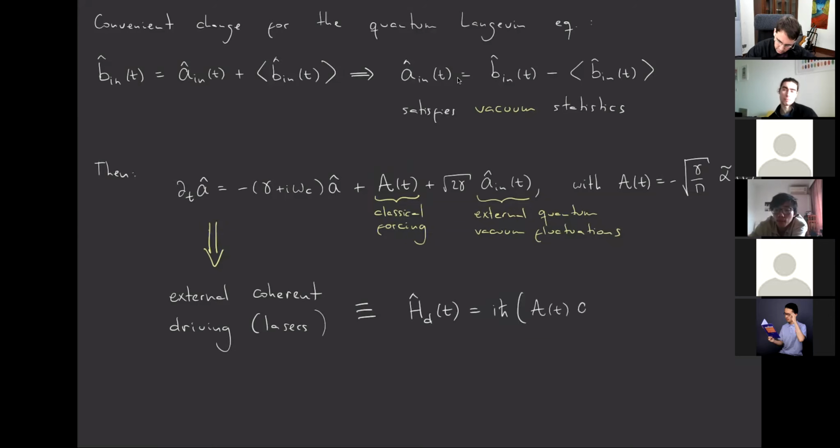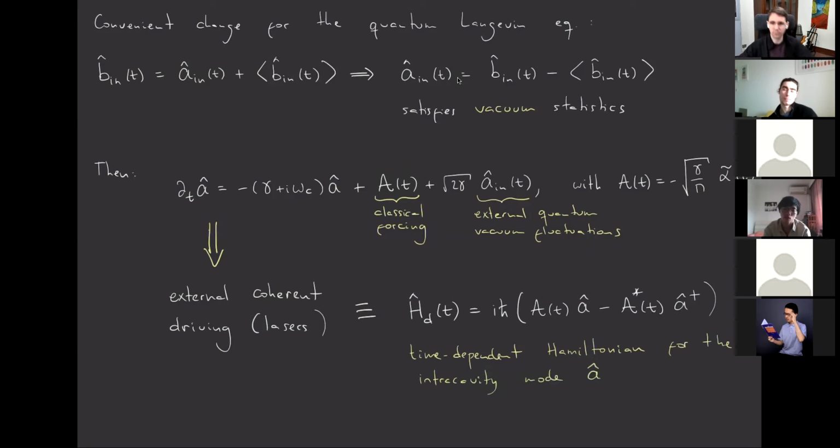A of t, A minus A of t conjugate, A dagger. Okay, so this is a time dependent Hamiltonian for the intracavity mode.